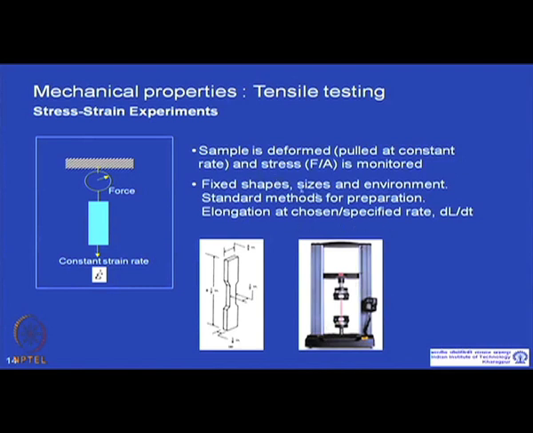Now remember, in this test and all subsequent polymer property testing, the results are very dependent on the size and shape of the specimen and the environment when you are doing the test, like temperature and relative humidity.